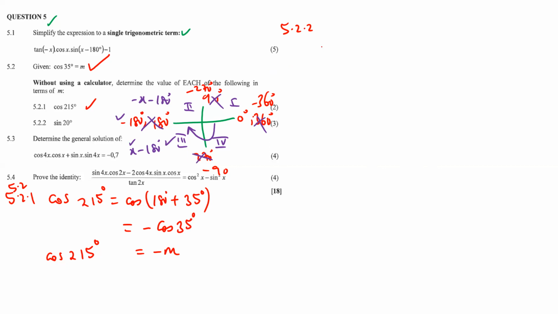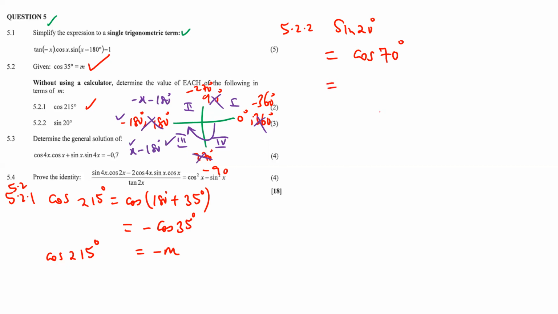If you look at 5.2.2, the trigonometric sine of 20 degrees is always equal to the cosine of the complementary angle, because 20 is an acute angle. The angle complementary to 20 degrees is 70, because 20 and 70 is what?